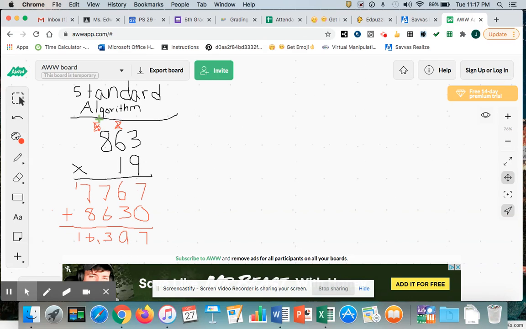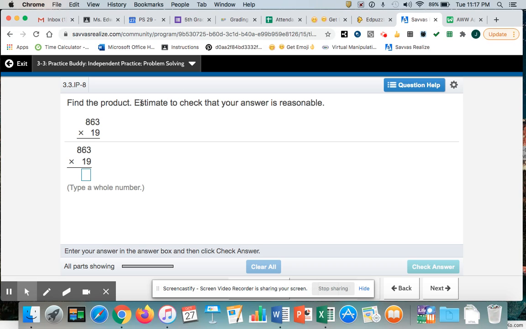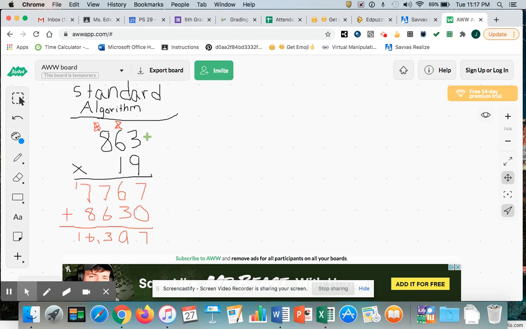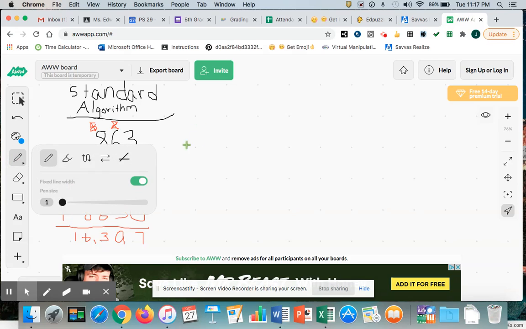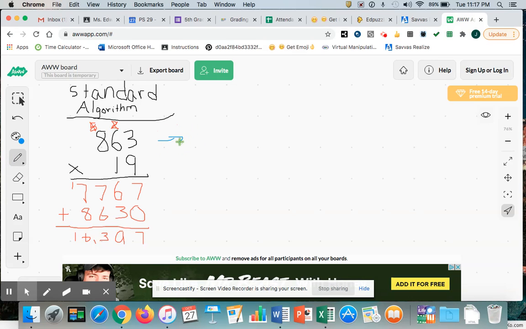Okay. Now, before I move on, the question said estimate to check for reasonableness. Now, it's your choice how you want to estimate. I would simply do myself 863, really close to 900. 19 is really close to 20. 900 times 20, if I just do 9 times 2, I get 18.